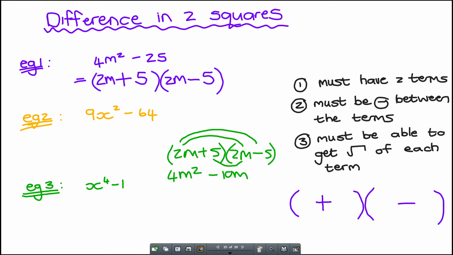These middle two, the inner ones, gave me plus 10m. So what's going to happen with those two? Minus 10m plus 10m gives me 0. And then 5 times minus 5 gives me minus 25. So can you see why that is the answer? We're basically doing the opposite of what we have been doing previously. But this one is much shorter. Lekker. Okay. Right.